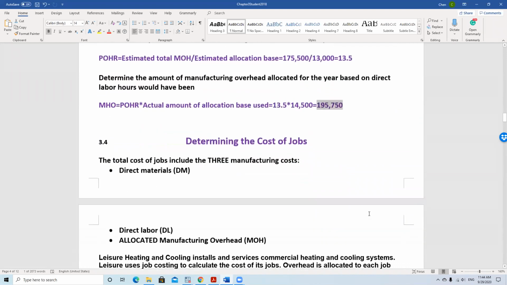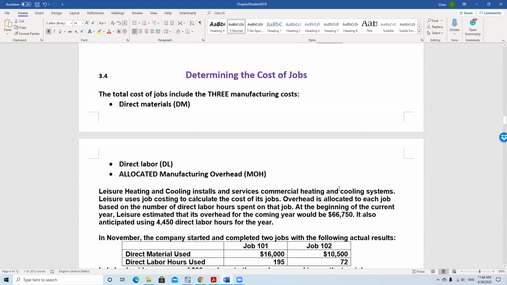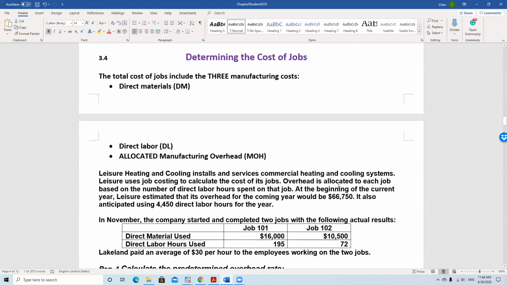Okay, so now determine the cost of jobs. Do you remember how many different kinds of costs there are for each job? Yes, there are three different manufacturing costs that we have mentioned a lot of times: direct material, direct labor, and allocated manufacturing overhead.